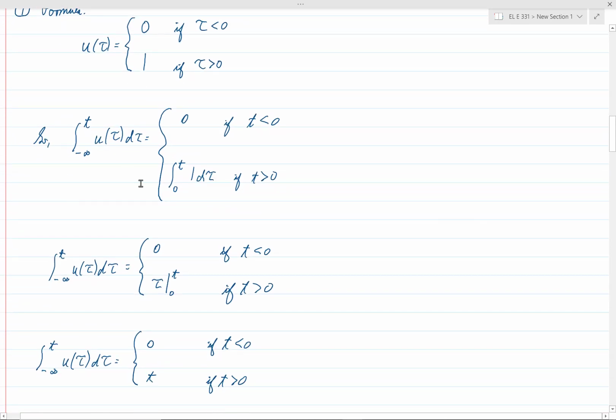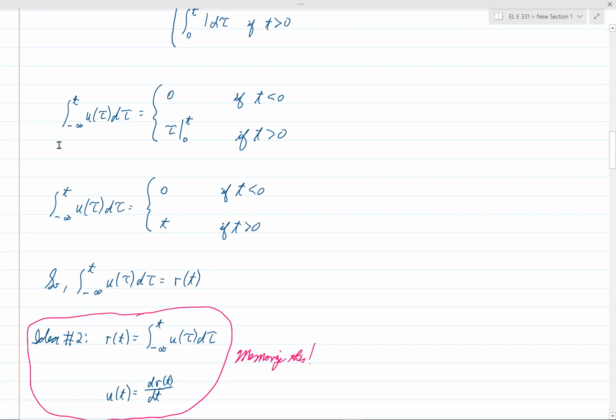Now, if you go ahead and integrate this, we will get tau evaluated from 0 to t, and so we end up with t. And so we say then that the integral from negative infinity to t of u of tau d tau is equal to 0 for t less than 0, and it's equal to t for t greater than 0.